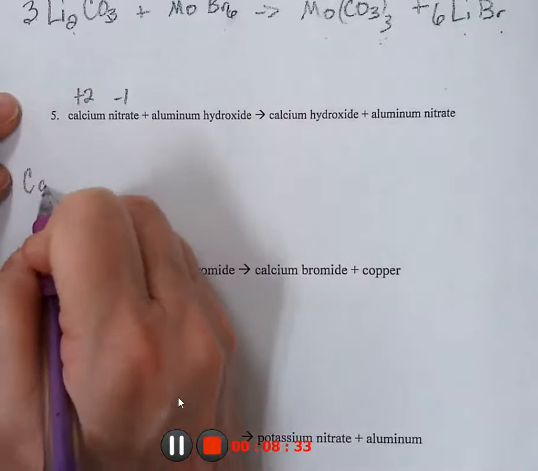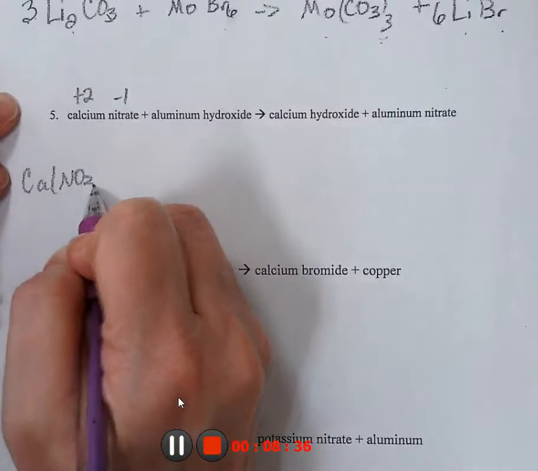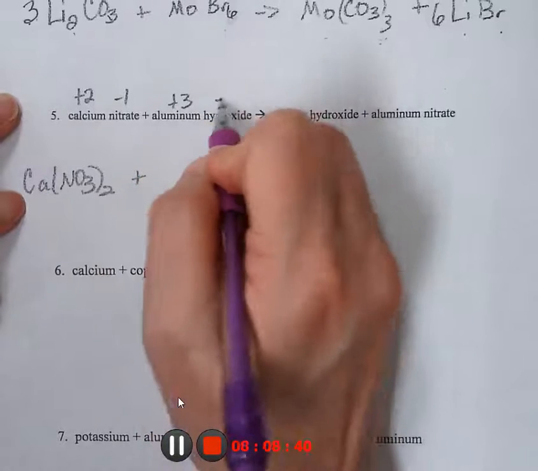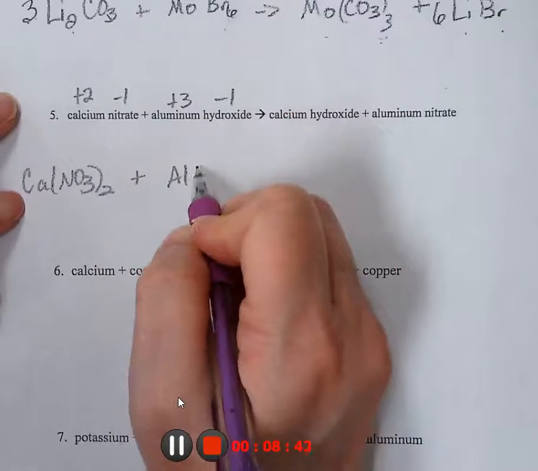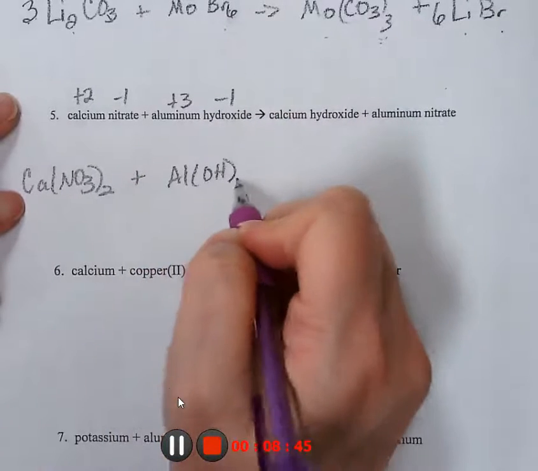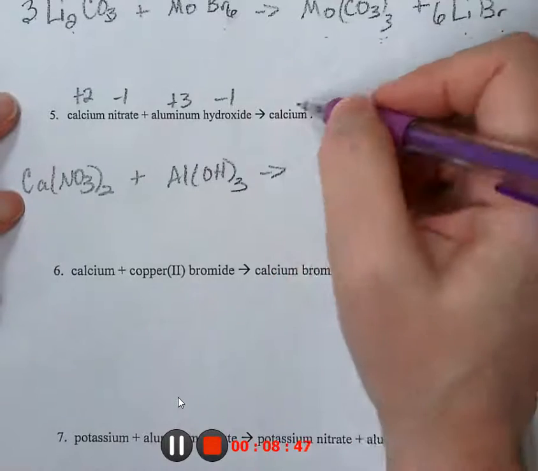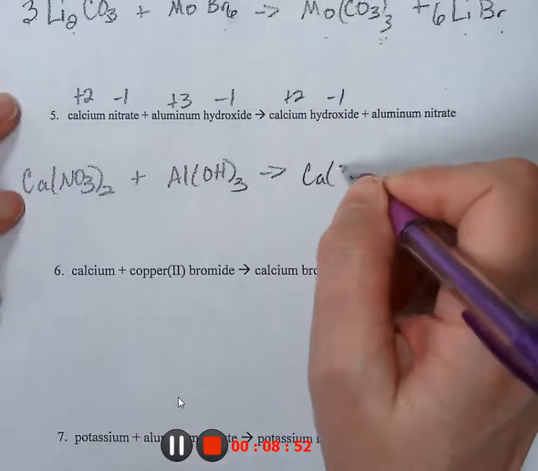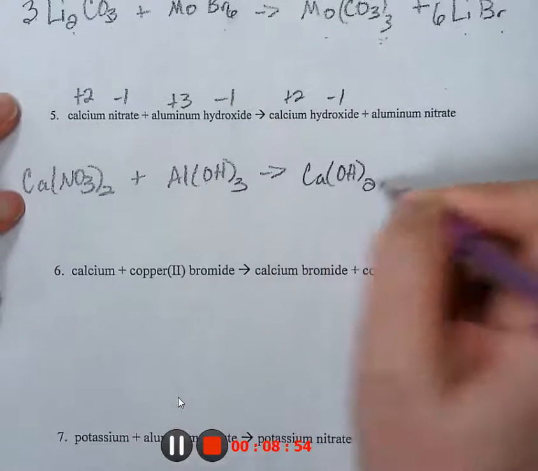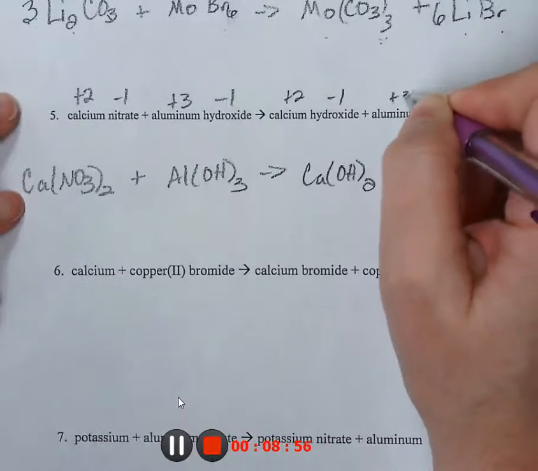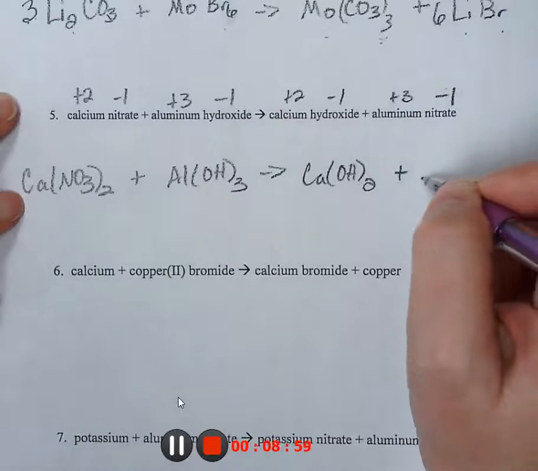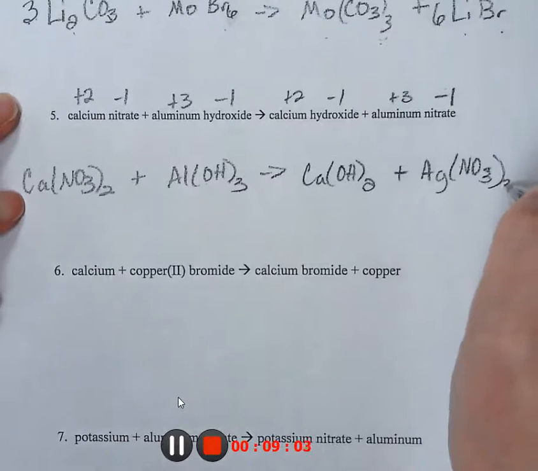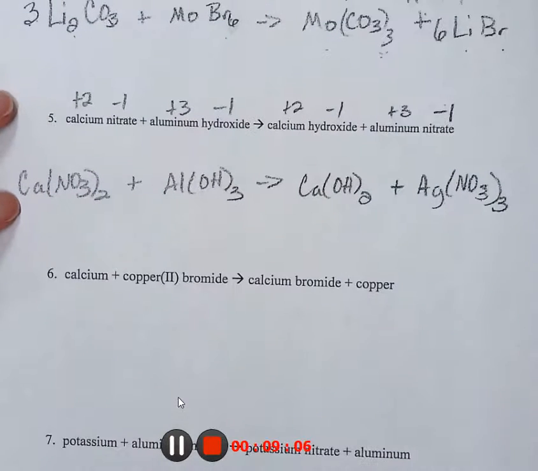So I am going to need parentheses, 2 of those, plus 3 minus 1, so I'm going to need parentheses and 3 of those, and then plus 2 minus 1, and I'm going to need parentheses and 2 of those, and plus 3 minus 1, and then I'm going to need parentheses and 3 of those. Okay.